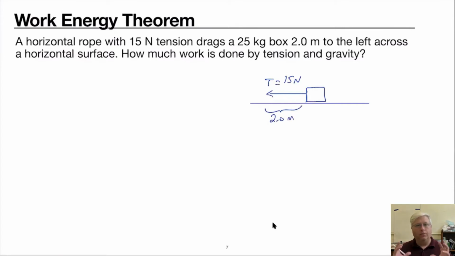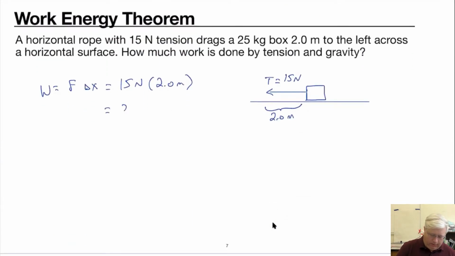So how much work is done by the tension? Well, we know that work is just the force times the displacement. Force here is the tension, 15 newtons, and the displacement is the 2 meters.